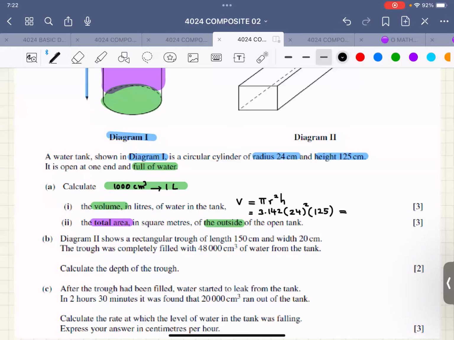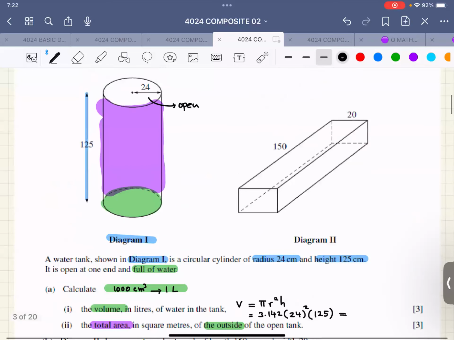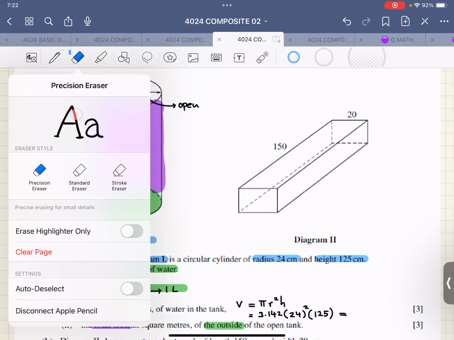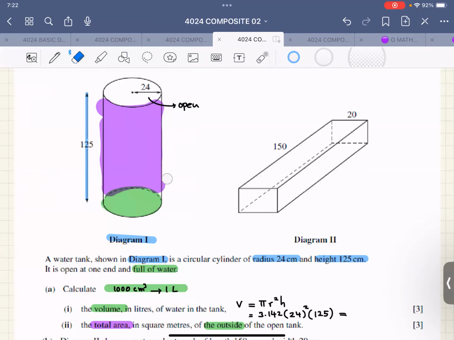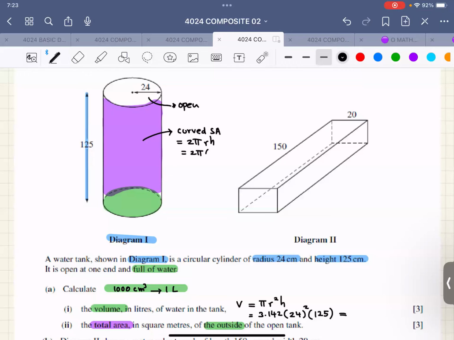That's the first part. What is the total area? Let me just correct this and remove this thing from here. Yeah, this is good. So this curved surface area, first of all, this is open, and the curved surface area is 2 pi r h, that's 2 into pi into r, which is 24, into h, which is 125.